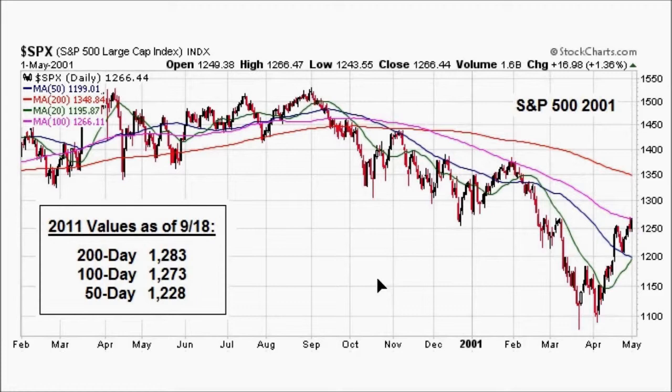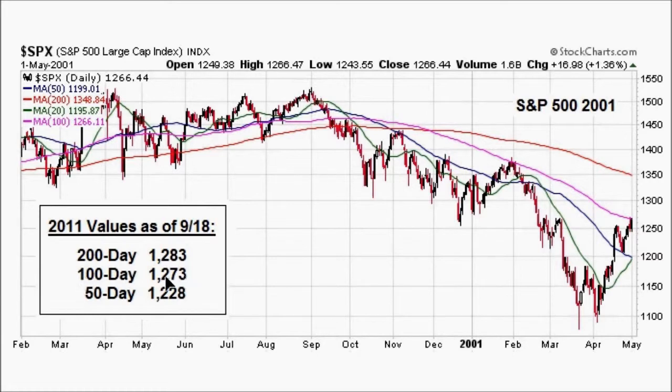However, what we want to take away here is termination points, typical places to look for a reversal in a bear market if we are indeed in a bear market, and we'll probably find that out sometime in the next few weeks. Here you came down, the 100-day moving average acted as resistance here. The 100-day is the pink line. The 100-day also acted as resistance here.